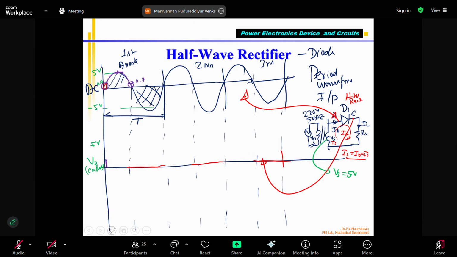The waveform should be a dotted line for some people. Then it becomes flat. For the entire period it won't work. Again for this. That is called the cut-in voltage.